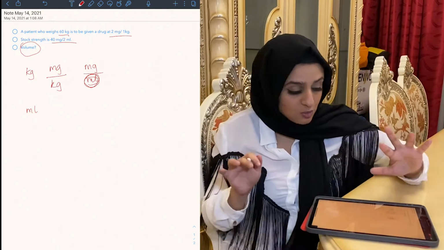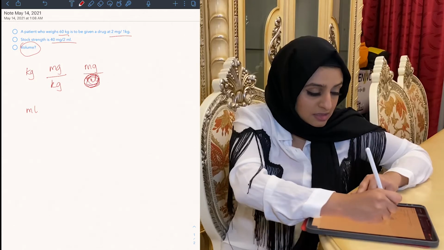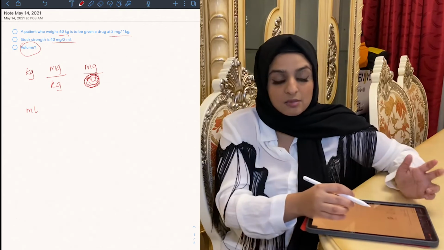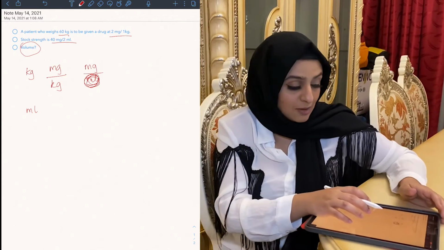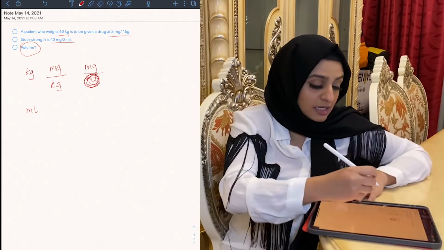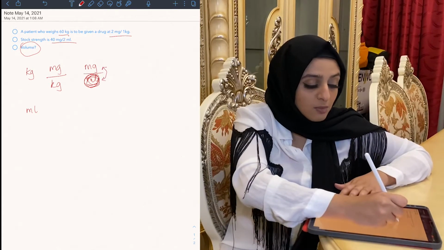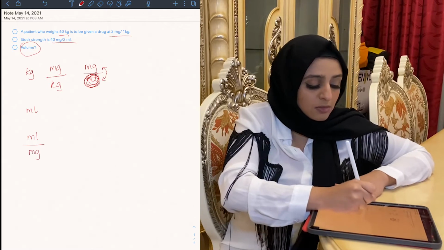So we're going to use algebra right now. To get milliliters, you want to cross out the kilograms and cross out the milligrams, and you want mils to be the last man standing. So how you're going to do that is you've got milligrams per mil. If you want this on top, you just have to swap it around. So we've got mil per milligram.